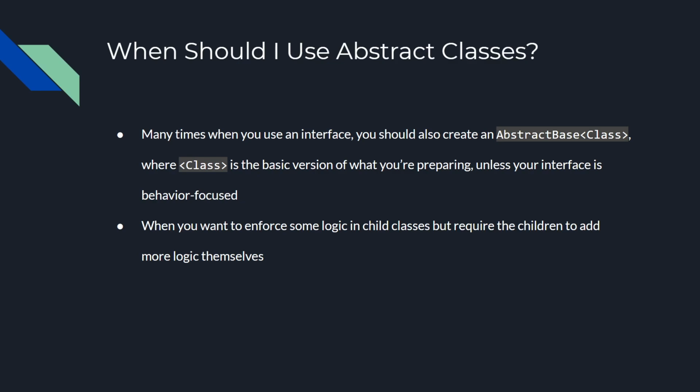The reason we use the term base is it means that we intend to create other classes that inherit from this class. So, again using the car example, let's say we have a vehicle interface, an IVehicle, and then we can have an abstract base vehicle, right?